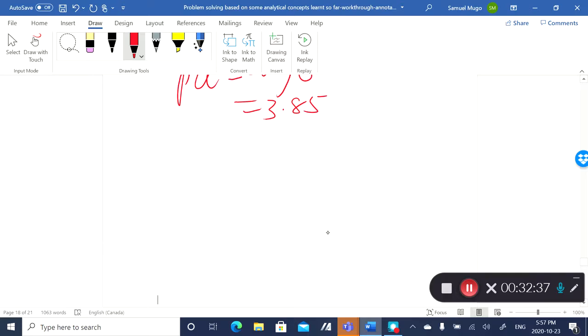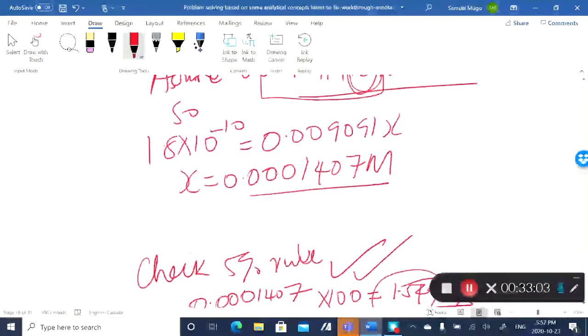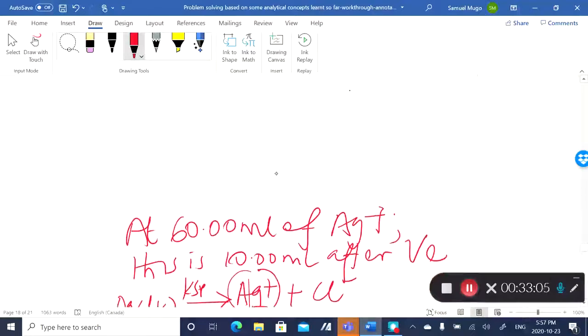And so when you plot your curve, because that's what part B is asking, when you plot your curve with a silver titrant and you're plotting the pCl, you can see that in each of the steps, as you increase the volume of the titrant, you're increasing the pCl.